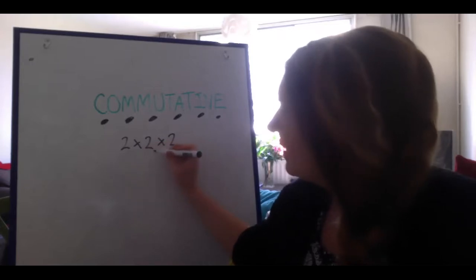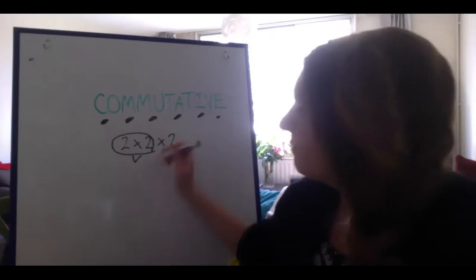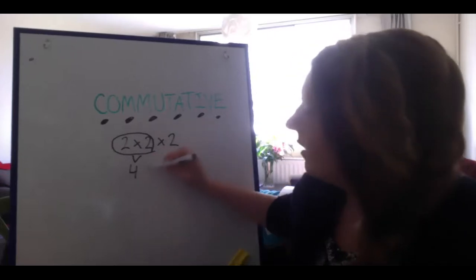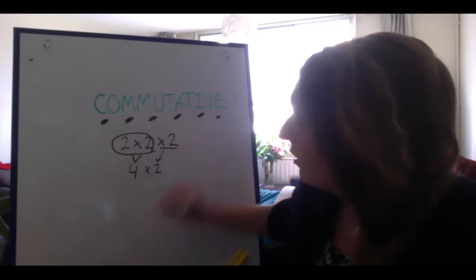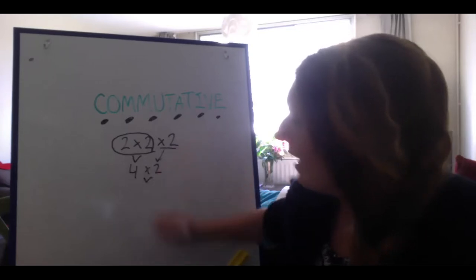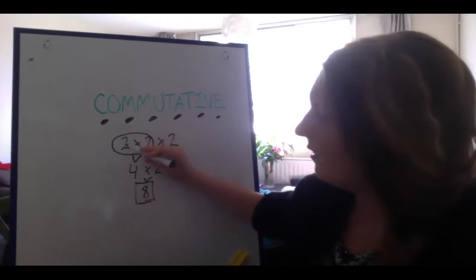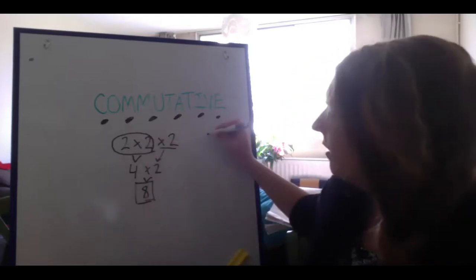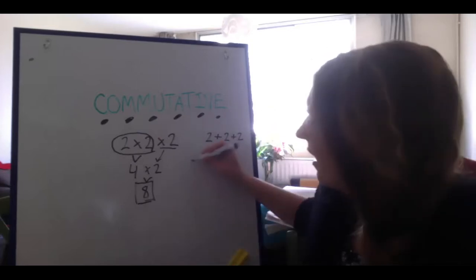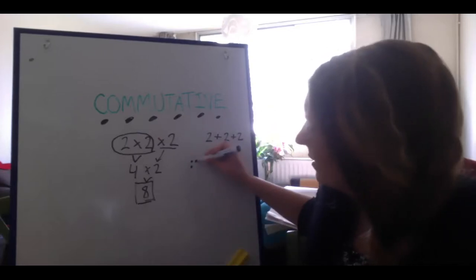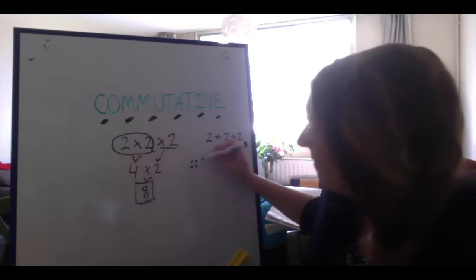First, they're all the same, so it doesn't matter where I start, but I'm going to do 2 times 2. We know that 2 times 2 is equal to 4. I'm going to bring the rest of the equation down. So now I have 4 times 2, and that is equal to 8. So you can see here that even though it looks like it's 3 groups of 2, this is saying I have 2 groups of 2, which is my 4, and then another group of that.